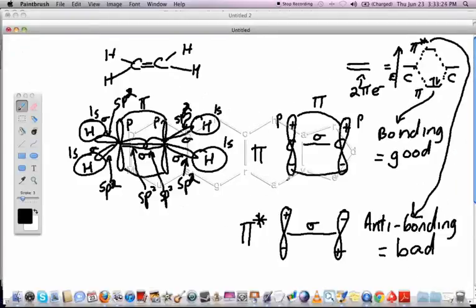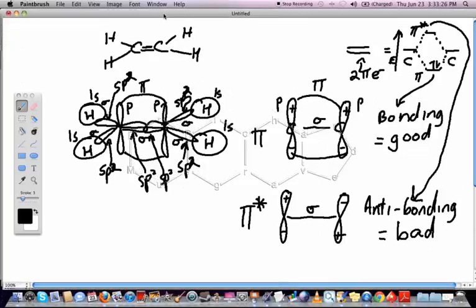Before we get onto that, I have to give you a little bit of background. We have to go back to Organic 1 where we talked about how we draw orbital diagrams, and when we draw something like ethylene, what we came up with were three sp2 hybrids, and we also came up with a p orbital that was not touched by the hybridization. Now these two p orbitals bonded together, and that gave us a pi bond.